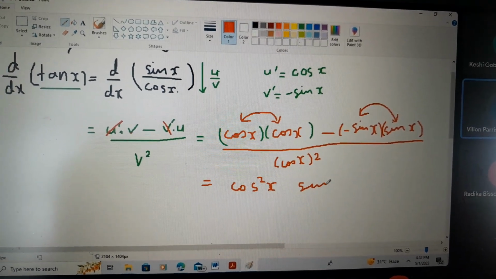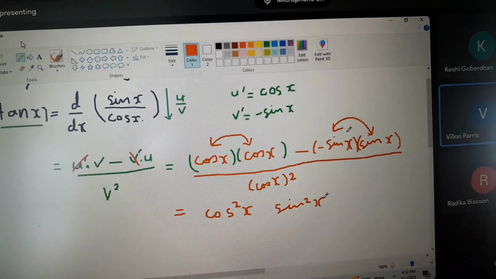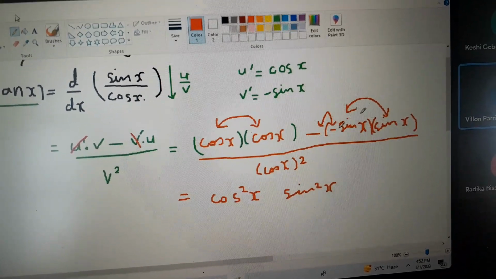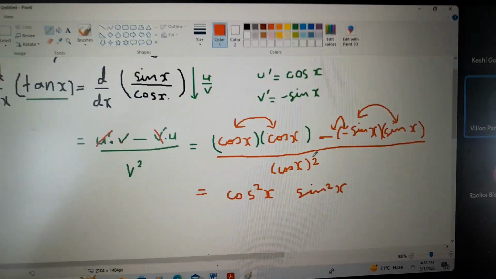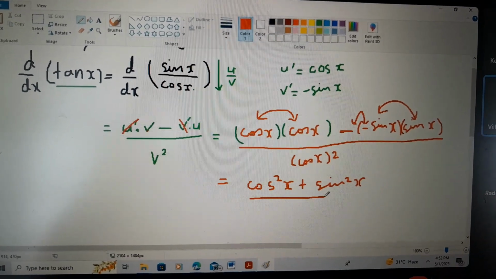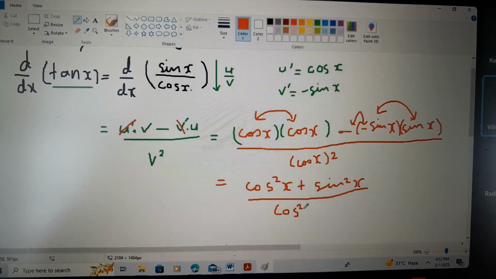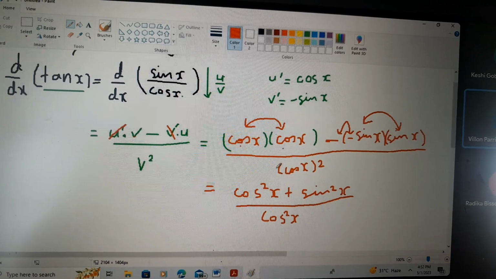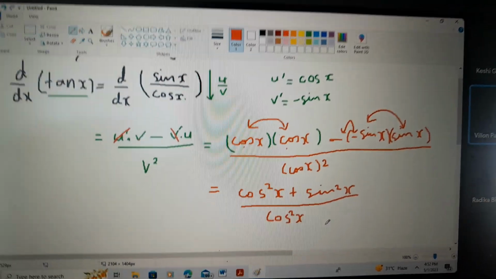And will this be a positive or a negative? Positive, sir. Yeah, it would be a negative when we multiply, and then when we use the sign outside, it becomes positive. Great. All over cos squared x, because cos squared x is the same as cos x times cos x. So we'll get cos squared again at the bottom. So see if you have any questions there.